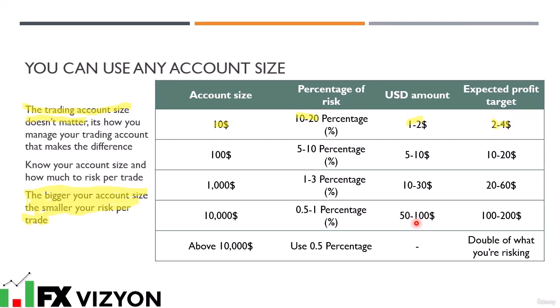That's why you should risk less of your account when your account is bigger. You'll be able to stay in the market for a longer period while you are still making higher amounts in capital.